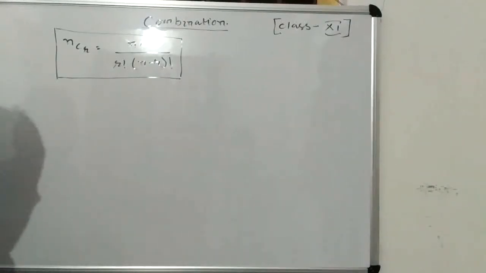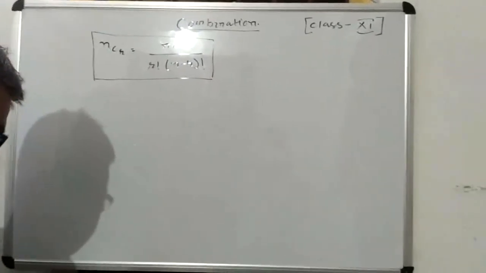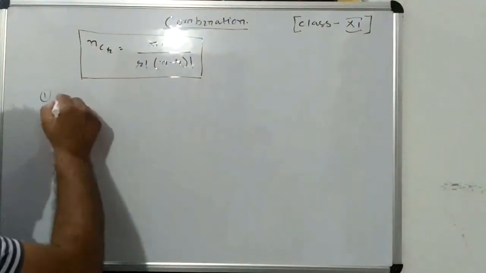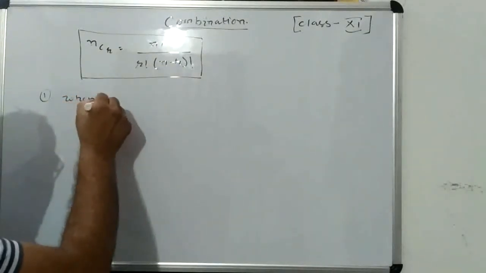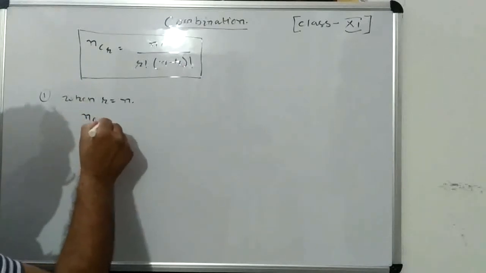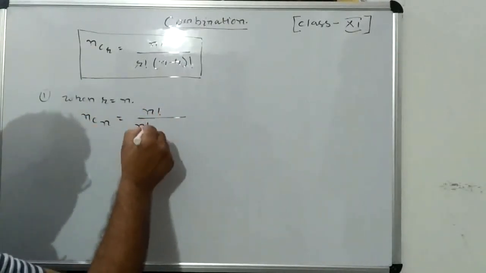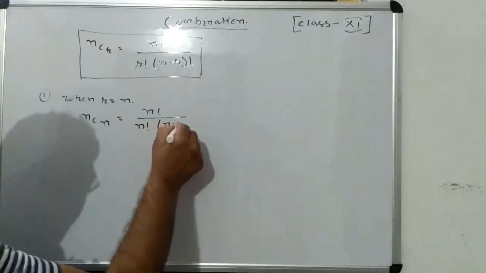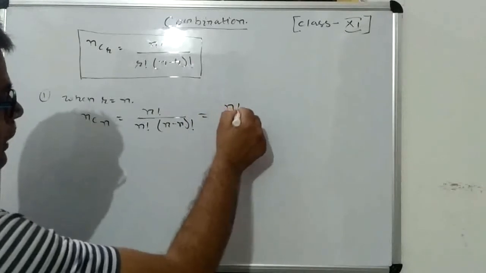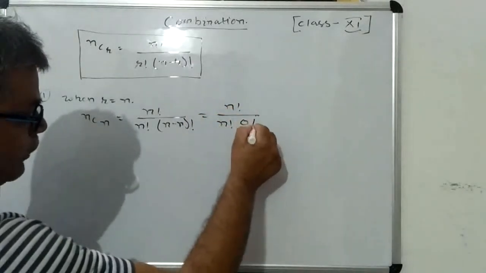Suppose when r is equal to n, there are some results based on the formula. First case is when r equals n, then nCn equals factorial n by factorial n into factorial n minus n, which is equal to factorial n by factorial n into factorial 0.